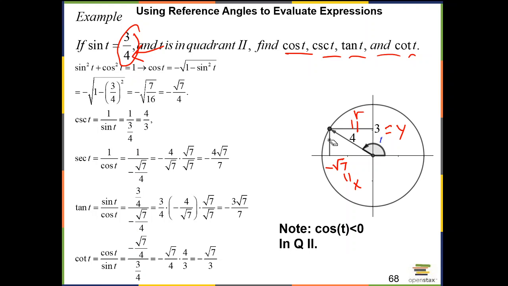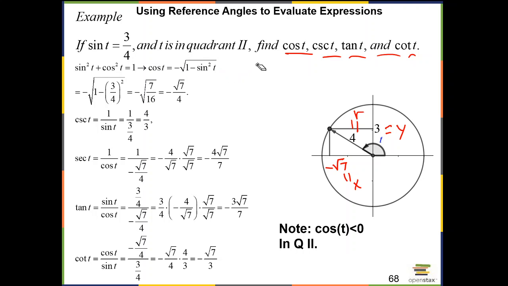Now, without this setup, if we could use identities, we could just find what? Find cosine if we have sine, right? So we had that option too. And I gave you that option. If you think of this as just the y-coordinate, you can use identities and you're done.